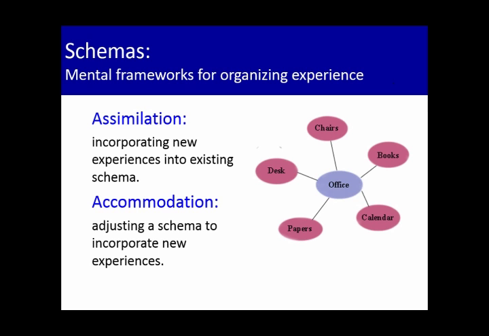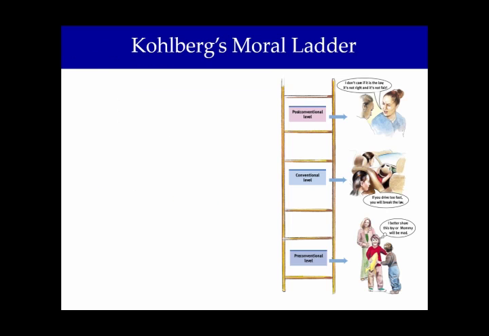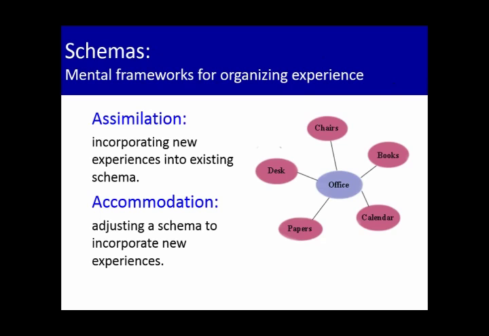In accommodation, you realize I might have misrepresented what an office is previously by leaving out some details. I keep thinking there's something to be revealed there. Because one of the things I'm missing in my office schema is something that was introduced to offices after I probably developed my original schema for office.